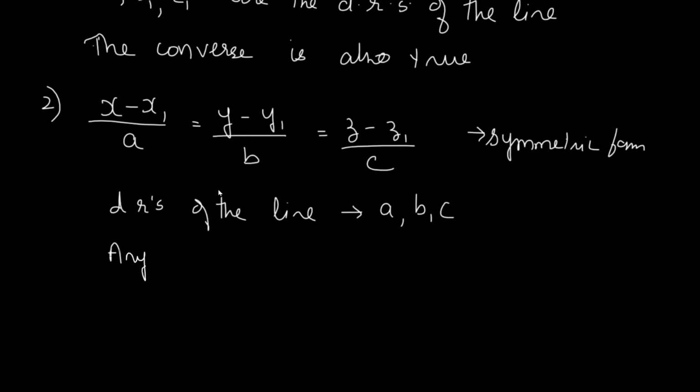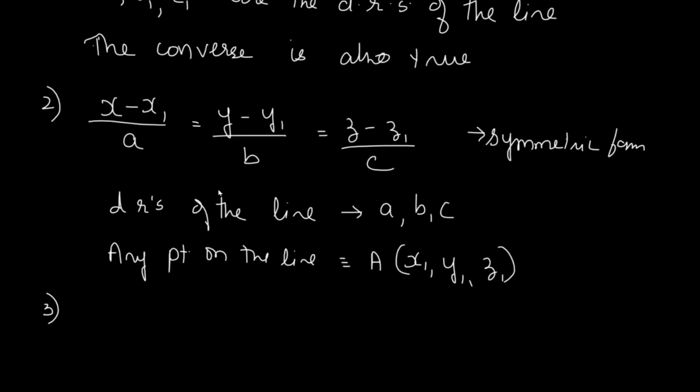So any point on the line is given by, say, A(x1, y1, z1). Just by looking at the Cartesian equation, you must be able to find out the direction ratios of the line, and also the coordinates of any particular point on the line. So this is a must. You must be able to recognize this by looking at the Cartesian equations.